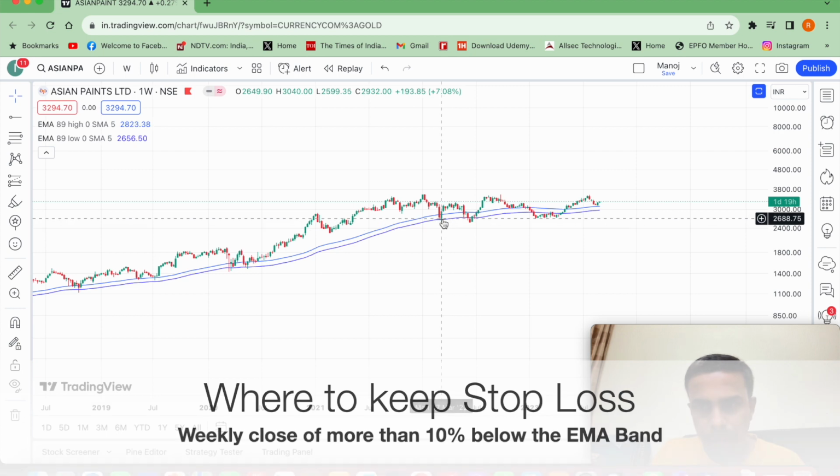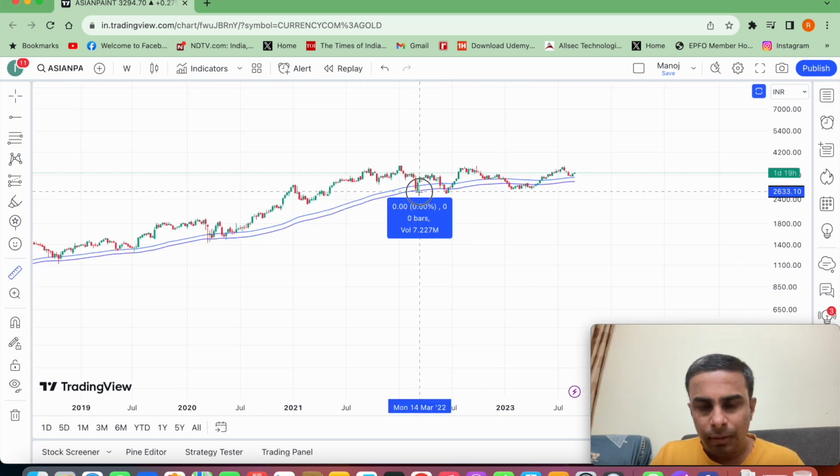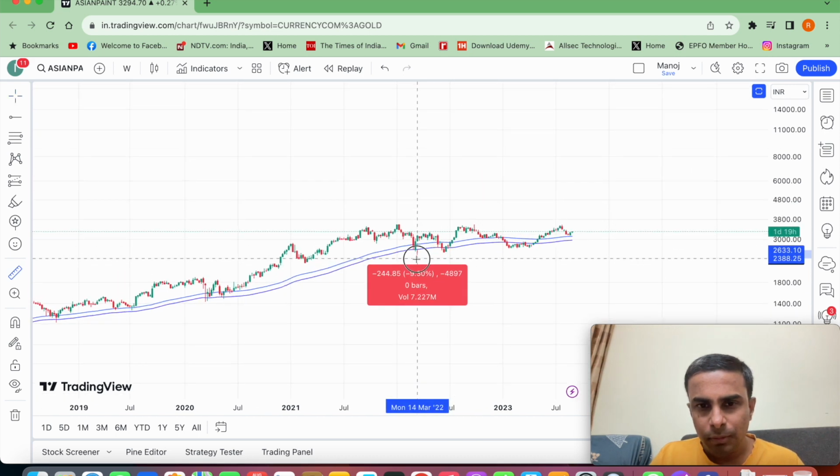For instance, if you have taken an entry at around 2700 odd levels, then your stop loss should be 10% below this level. That means around 2380 odd levels. So if the price closes below 2380 levels on a weekly closing basis, you need to exit from this stock.